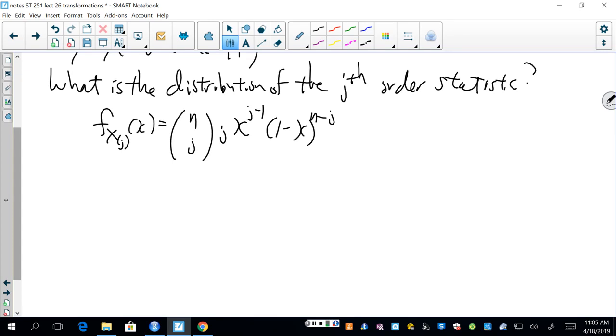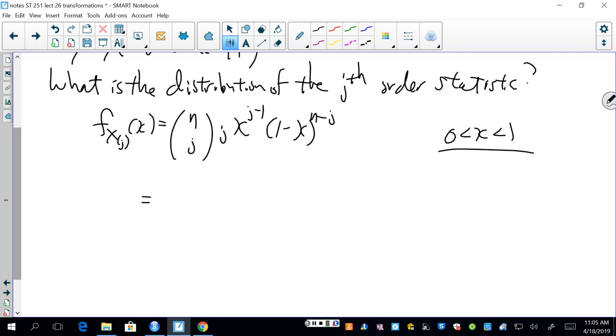Can we rewrite this in any way so that it looks like one of the distributions we studied? What's the candidate? Uniform between 0 and 1. Maybe it's a beta. Right. It's x to a power, 1 minus x to a power.